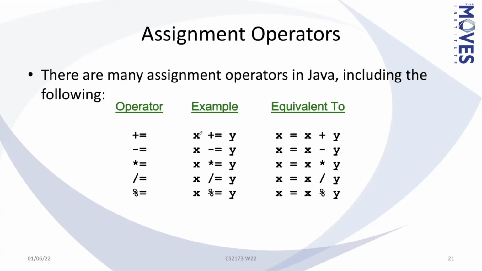With a plus, it's the same as adding the right-hand side to the left-hand side. If it's a minus, then it's subtracting the right-hand side from the left-hand side. Multiply the right-hand side. Divide. Again, division is something that should always be looked at with suspicion because of the integer division problem. And likewise, the remainder one.